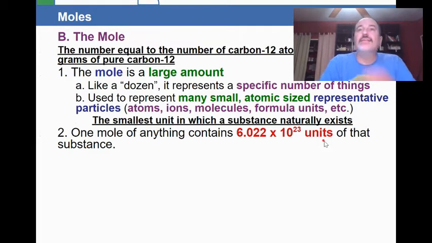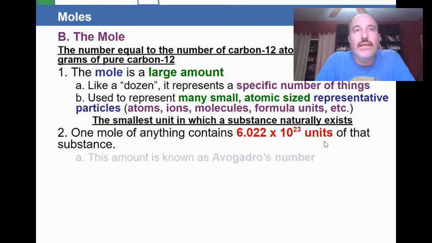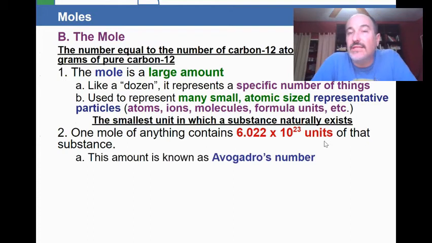All right? So you need that many of them in order to get enough that you actually can deal with and see in the real world. So a dozen is 12. A mole is 6.022 times 10 to the 23rd. Now, that is known as Avogadro's number or Avogadro's constant.